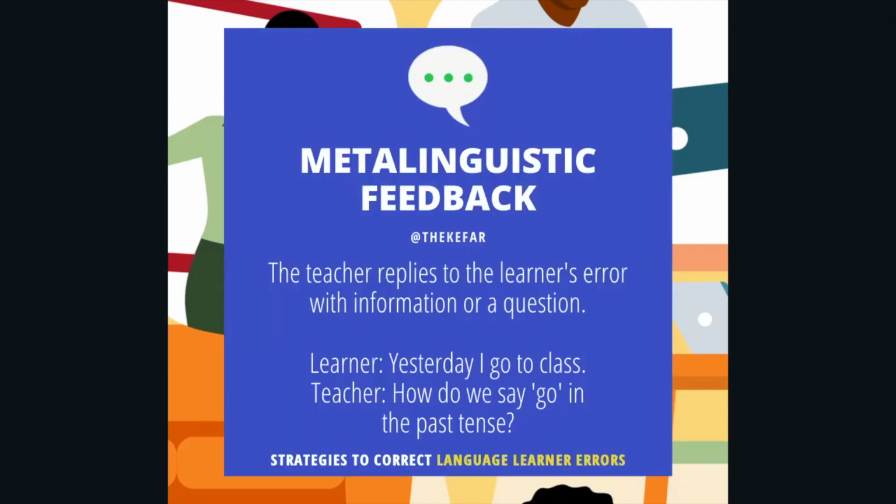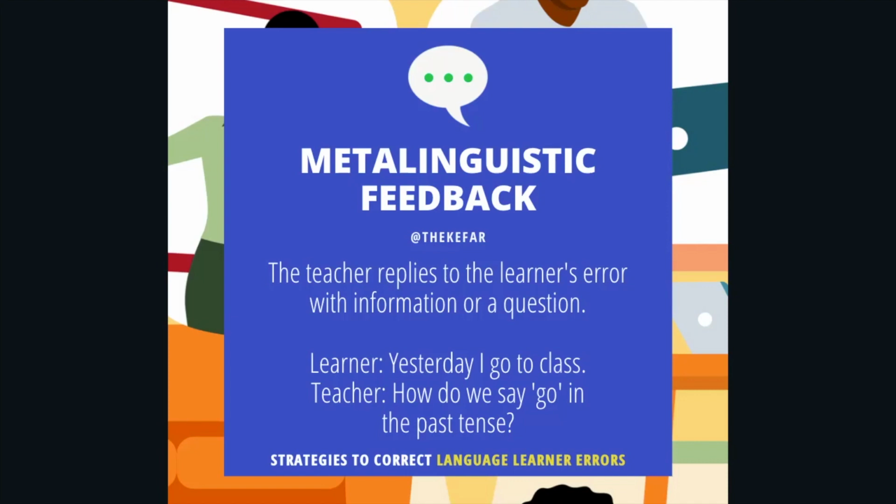The next strategy is metalinguistic feedback. And this is when you reply to the learner mistake with information or a question. And so it's somewhat similar to elicitation, but you're providing a little bit more of a hint. So when you use elicitation, maybe your facial expression and your tone of voice is what's hinting to the student that they made a mistake that they need to correct.